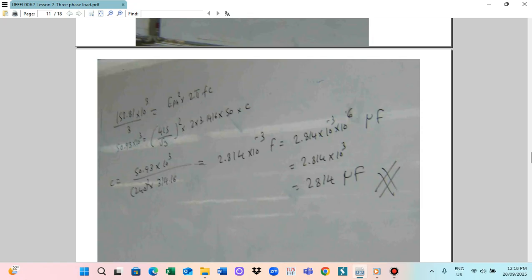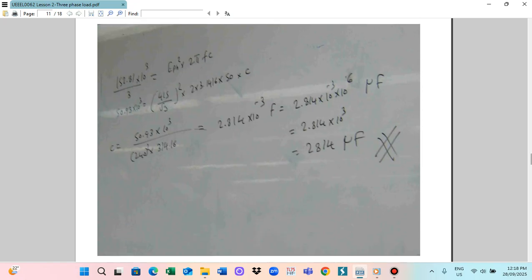So you substitute here. So this is 152.81 divided by 3. You got 50.9 into 10 power 3.